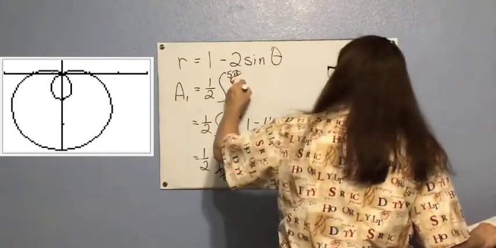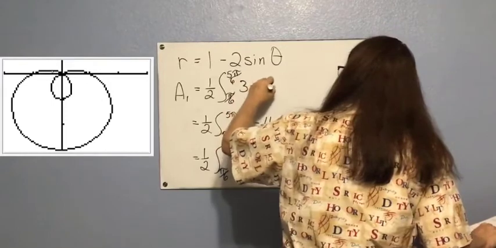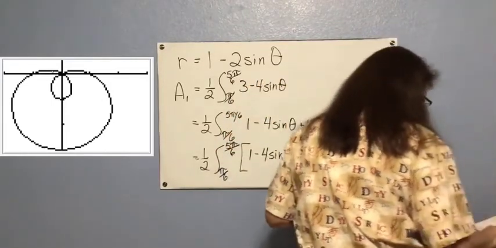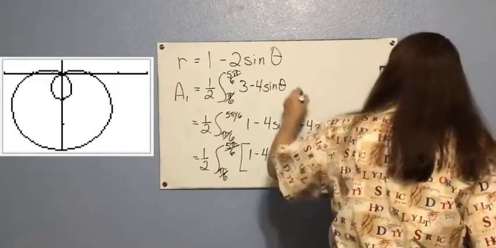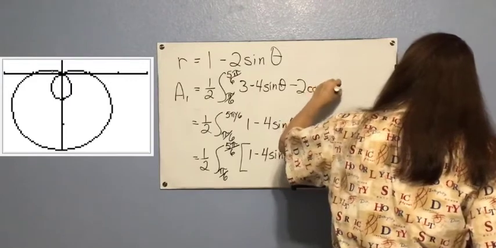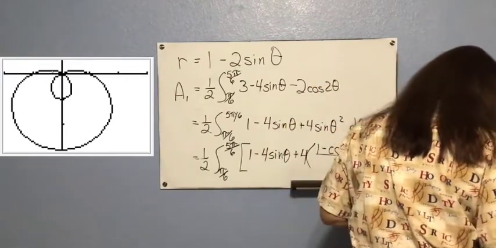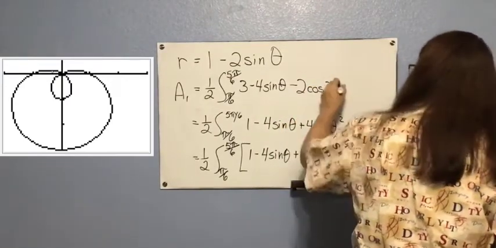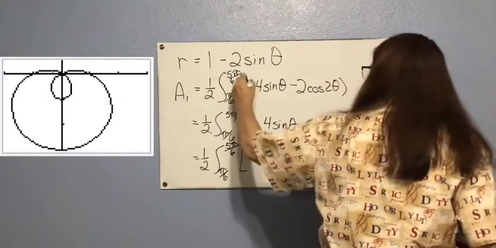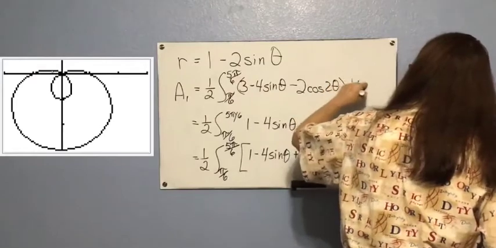Now I've got 3 minus 4 sine theta minus 2 cosine 2 theta d theta.